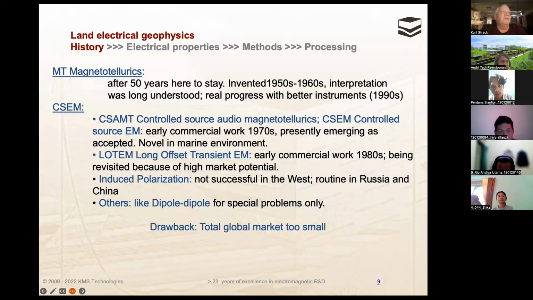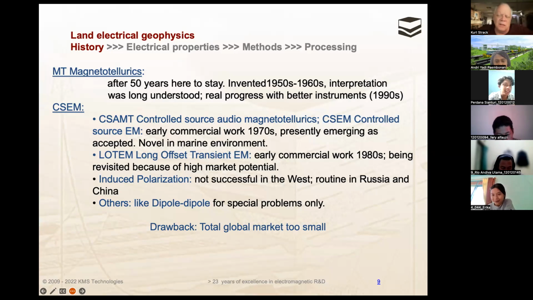Now, over the last 50 years, which is of course nonsense, this is a very old slide. I'm older than that. It should be 60 years. Over the last 60 years, magnetotellurics, which is a passive electromagnetic method, is here to stay. And today we have much better instruments. Magnetotellurics uses as source the electromagnetic signals in the ionosphere.